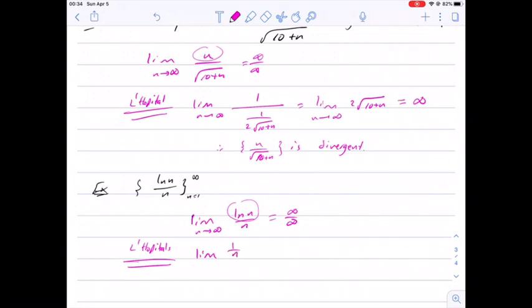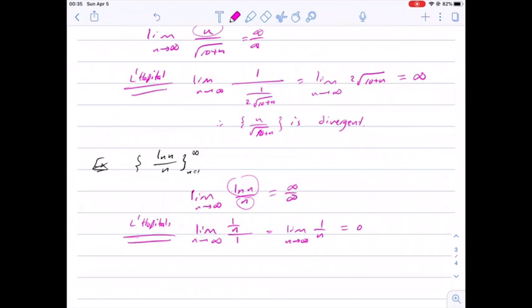What is the derivative of natural log n? It's 1 over n. What is the derivative of n in the denominator? It's 1. So we have the limit of 1 over n as n goes to infinity. Now substitute infinity, 1 over infinity is 0. So this sequence is convergent because it gives us some constant L. So the sequence natural log n over n from 1 to infinity is convergent.